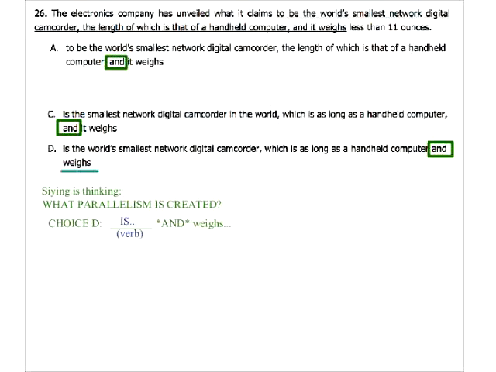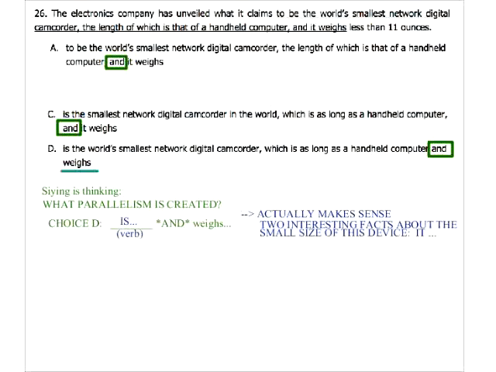And this is a parallel construction that actually makes sense, because there are two interesting facts about the small size of this device. Number one, it is as long as whatever. And number two, also interestingly, it weighs X amount.